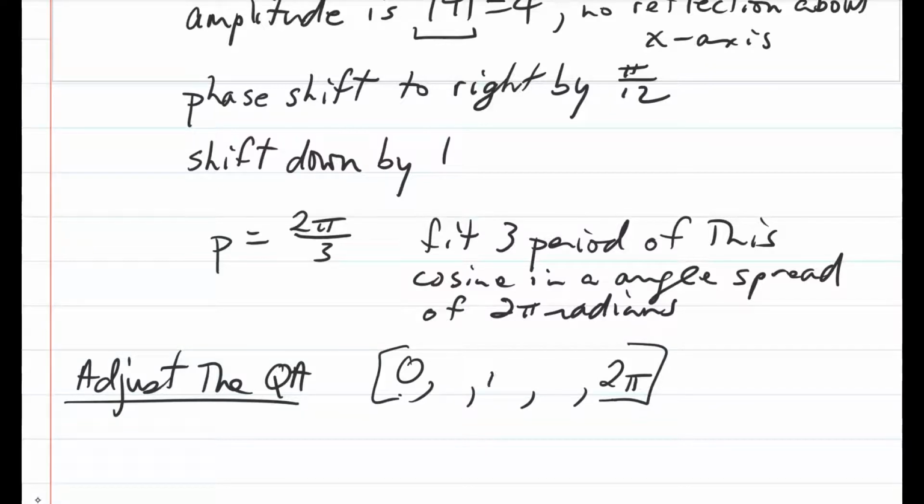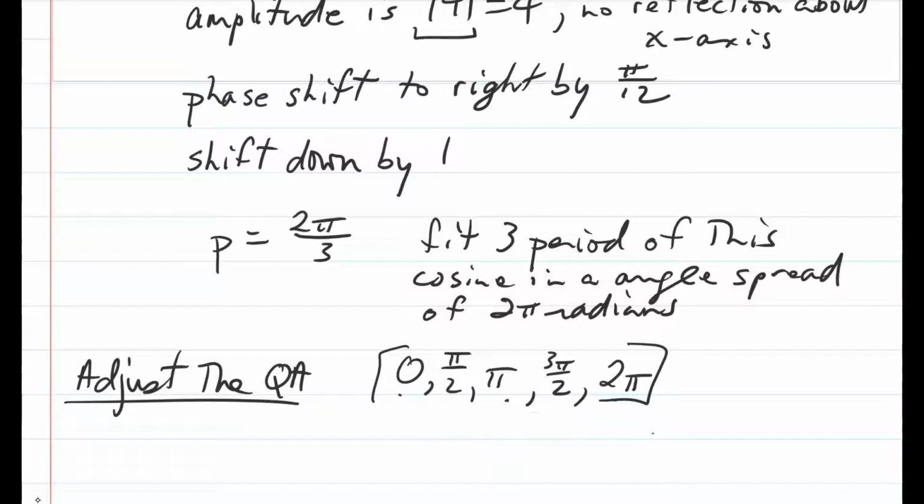Midway between 0 and 2 pi is pi, and then midway between 0 and pi is pi over 2, and midway between pi and 2 pi is 3 pi over 2. Well, these angles are out. We've got a frequency that's going to fit 3 whole wavelengths in here. And so this is going to be different, and it's not going to be too hard to find.